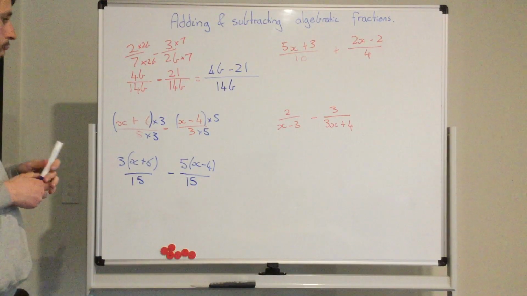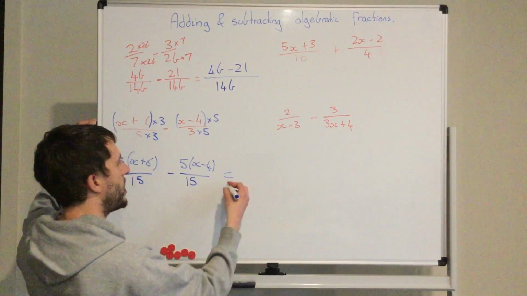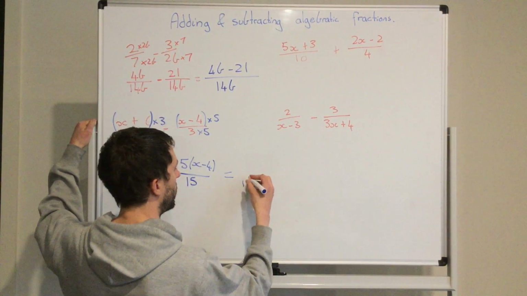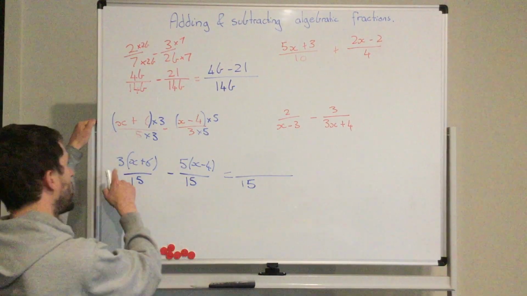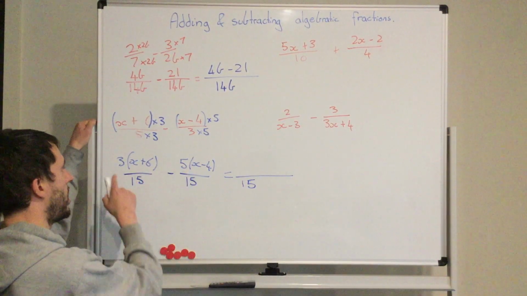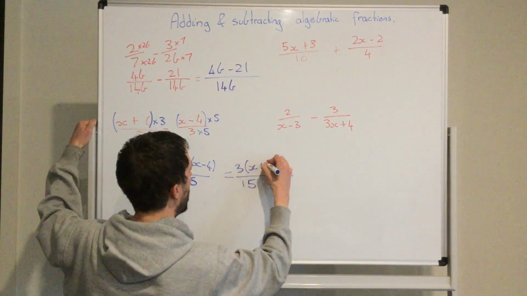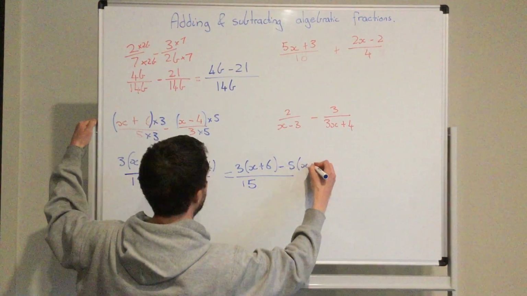Now, when we put it together, we know the denominator is going to be 15. But we also can put everything together now. 3 in brackets x plus 6, minus 5 in brackets x take 4.